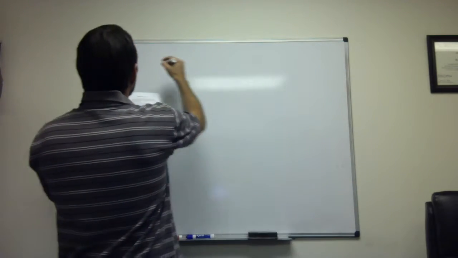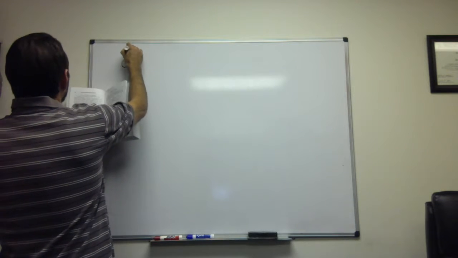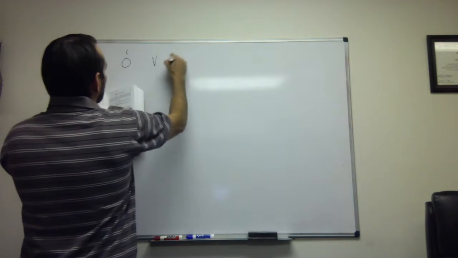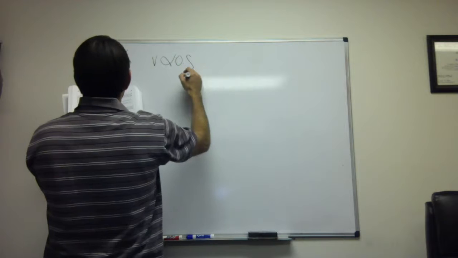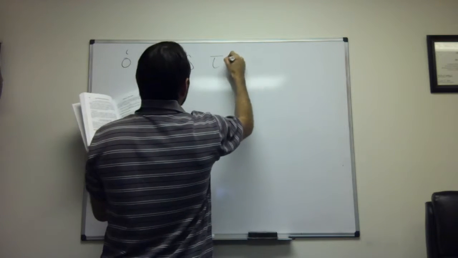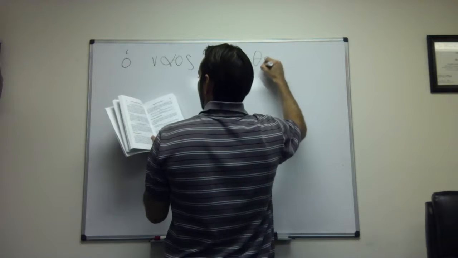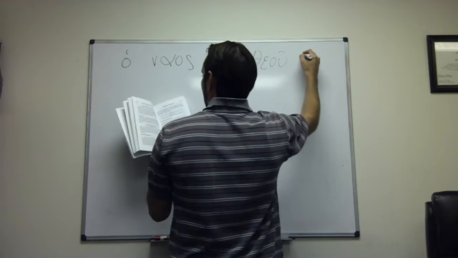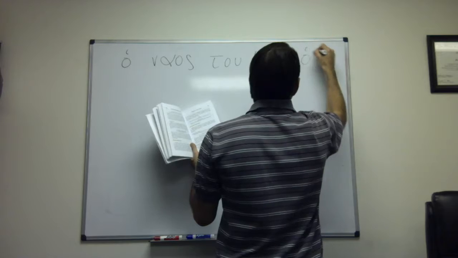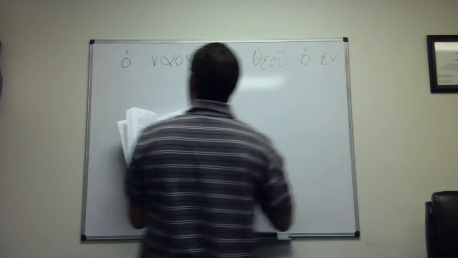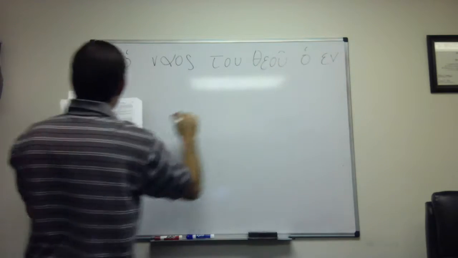So let me just write this out real quick. You have ha, nas, to, theou, ha, en, and I'm going to come down here, even though this part goes off there.